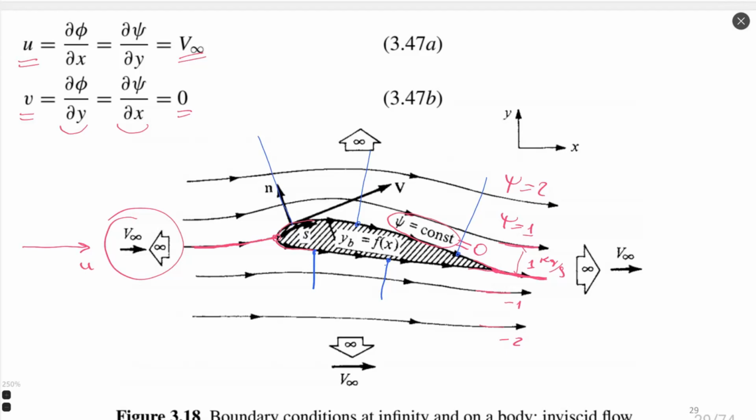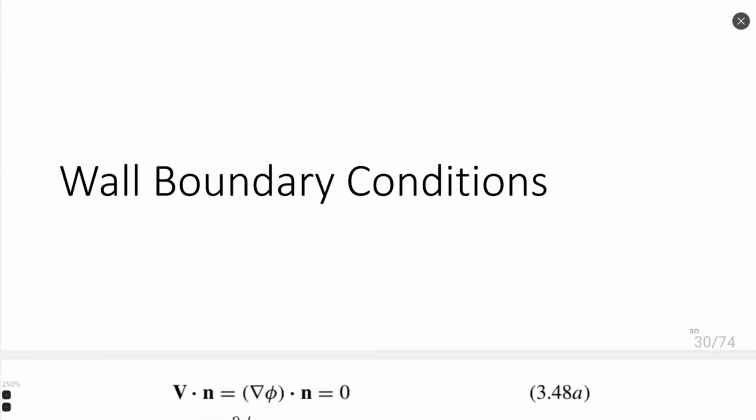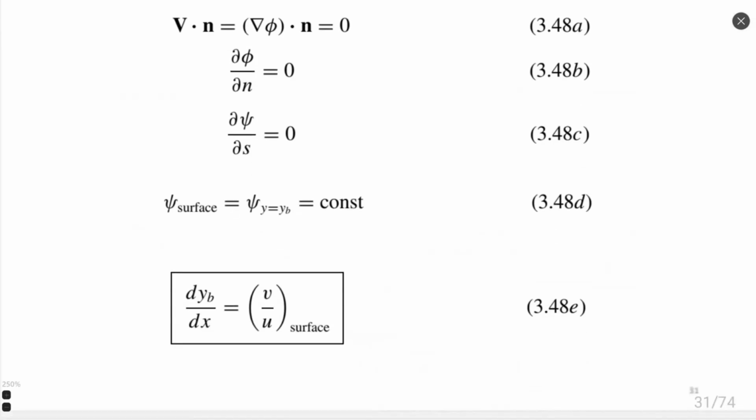And here is the definition for the potential function, a scalar product. When we transform 48A to 48B, we can see that the derivative of the potential function in the normal direction is equal to 0.